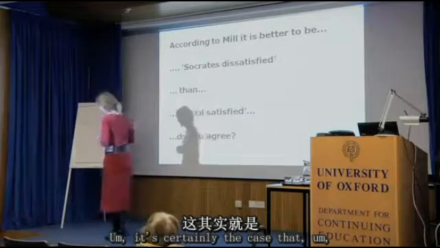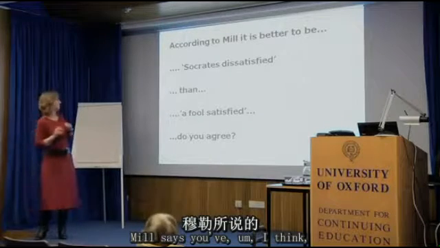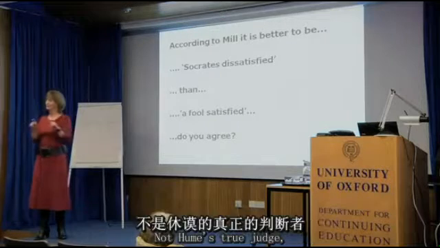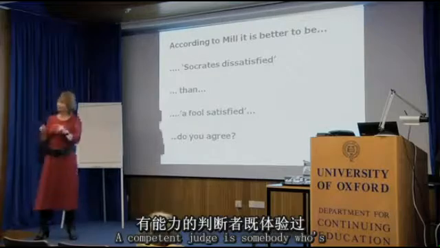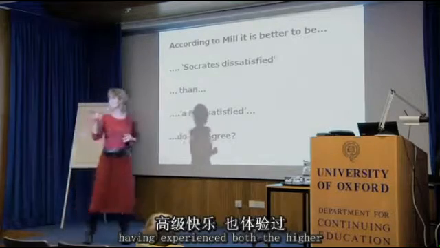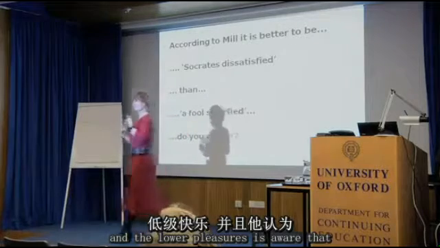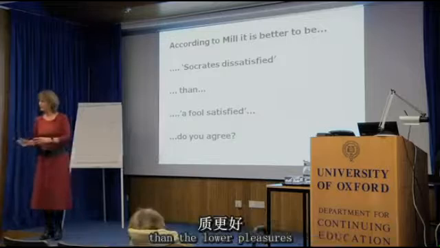It's certainly the case that Mill talks about competent judges. Not Hume's true judge, but Mill's competent judge. A competent judge is somebody who, having experienced both the higher and the lower pleasures, is aware that the higher pleasures have a greater quality than the lower pleasures.